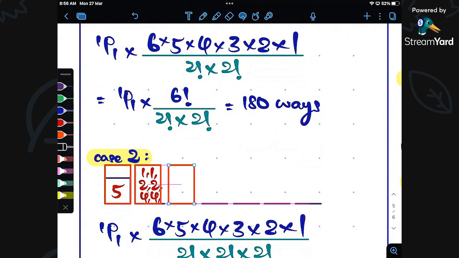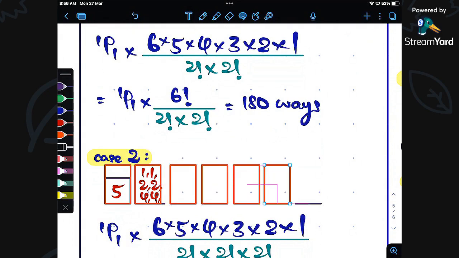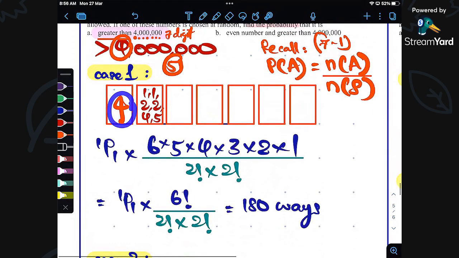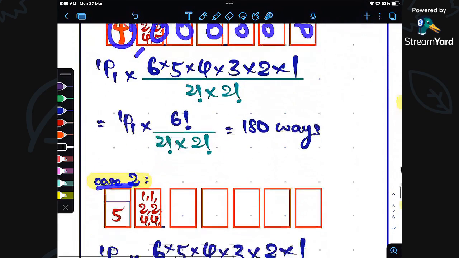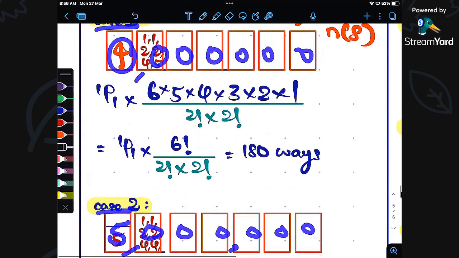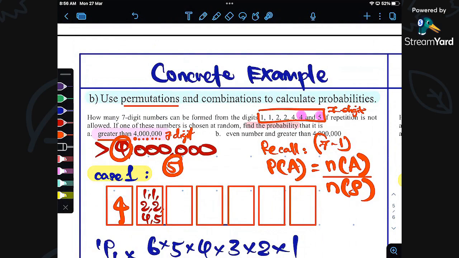We have 7 digits, but now they start with 5 million and above. So case number 1 is 4 million and above, while case number 2 is 5 million and above, right? So we have two cases in order to find the probability of being greater than 4 million.